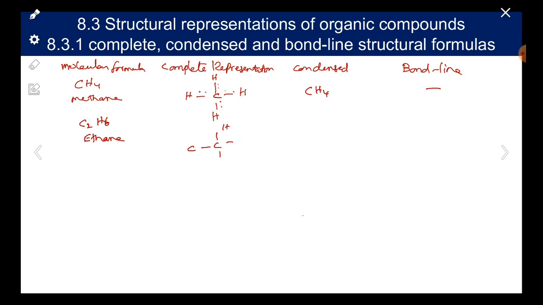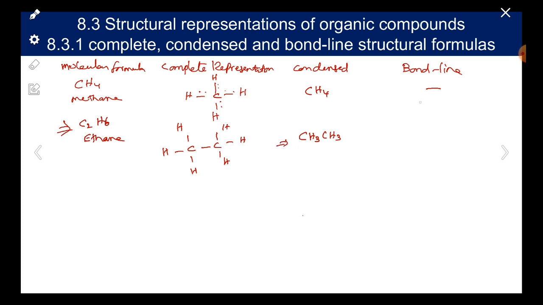There are three, right, on the right side, and there are three on the left side. This is the complete representation. When it comes to condensed representation, you can write this molecule as CH3 CH3, right? This is a molecular formula, and this is the condensed formula, condensed structure.